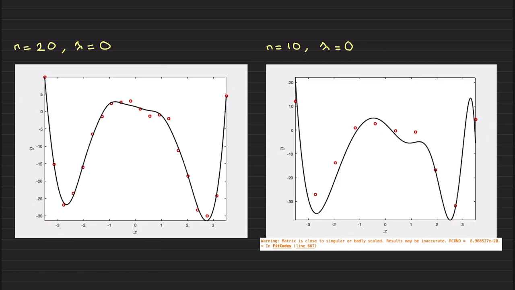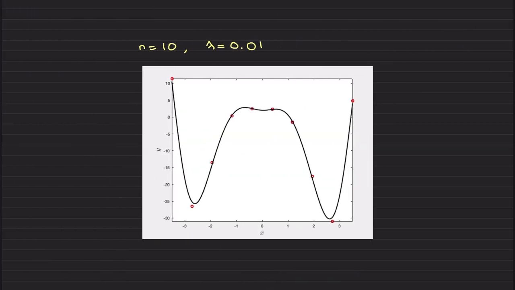Then you have these interesting overfitting issues here and there. Once you assign lambda to be 0.01 for the same number of data points, look how beautiful this fit is. We make a very nice fit to this data only by choosing lambda to be 0.01, a so small value, and it makes a great fit.